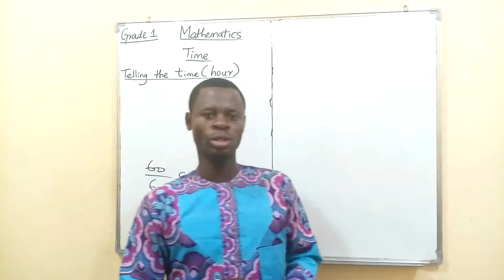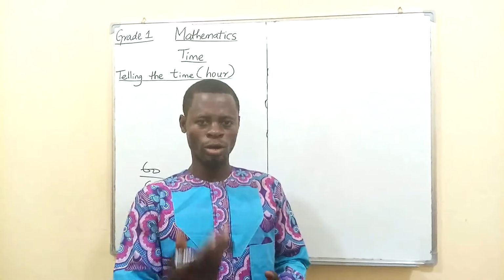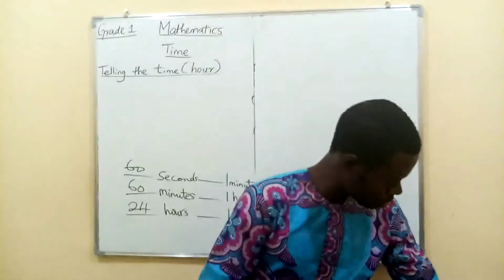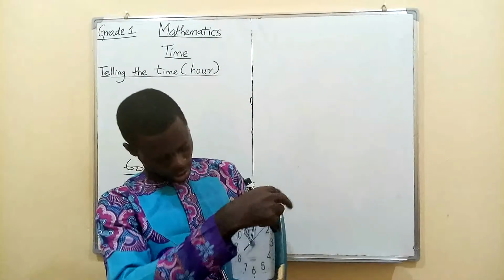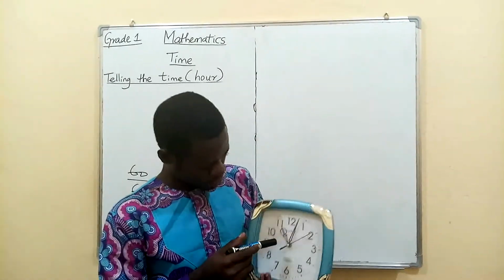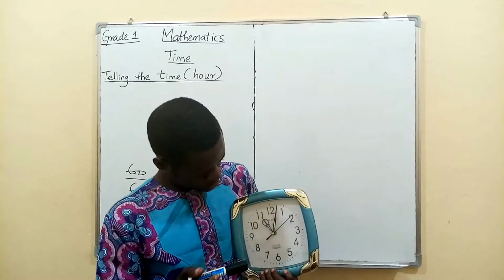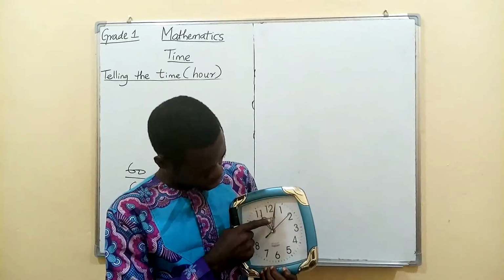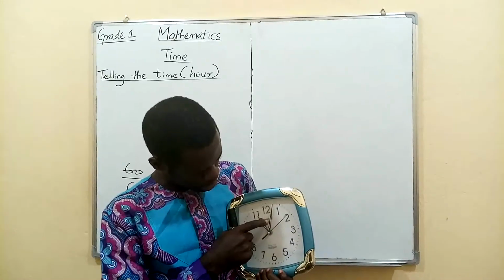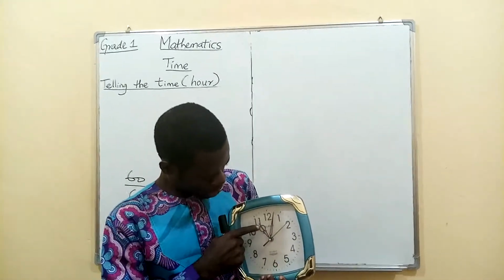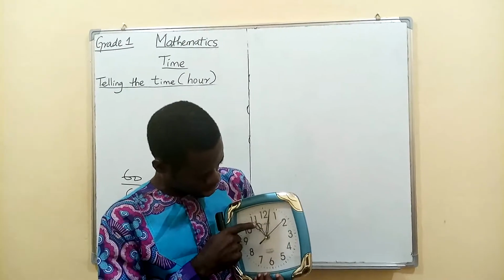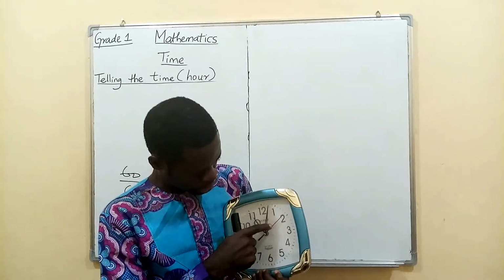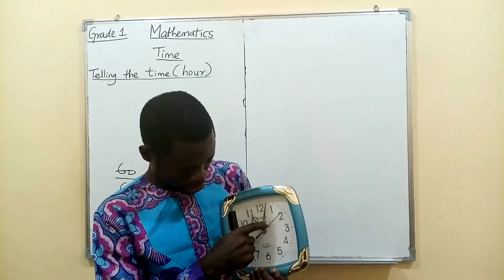We also looked at the clock face, where I showed you the hands of the clock. We discussed that the long hand is the minute hand, while the short hand is the hour hand, and the tiniest hand is the second hand.